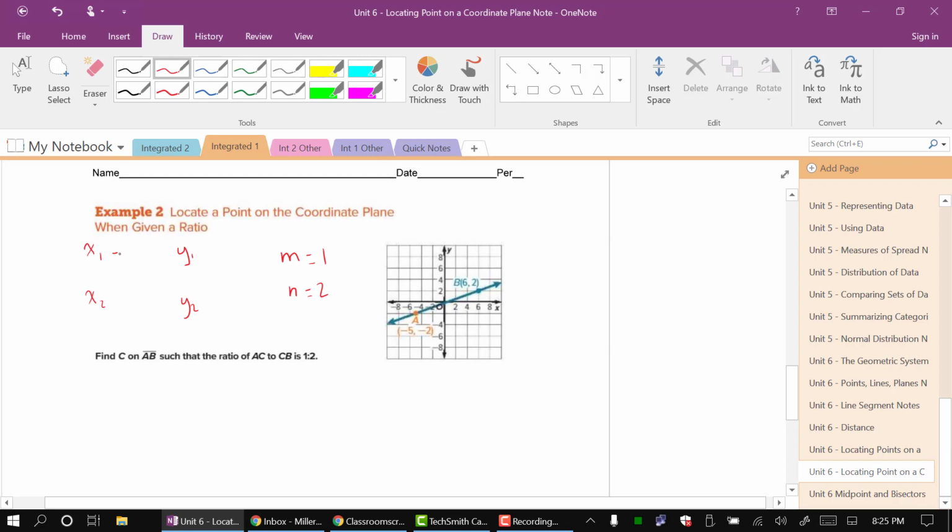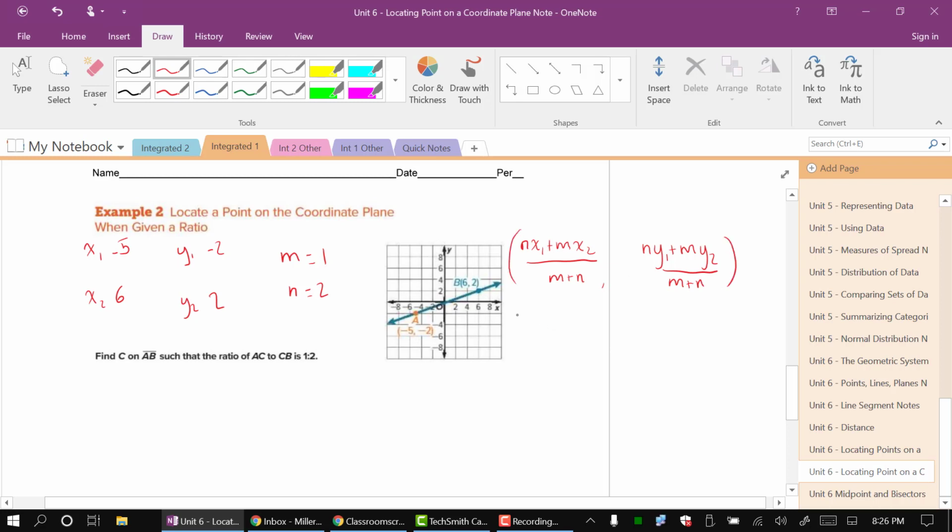My x1 is -5. My x2 is going to be 6. My y1 is -2. And my y2 is 2. So plug these into my formula. So again, it's n x1 plus m x2 over m plus n, comma, n y1 plus m y2 over m plus n.